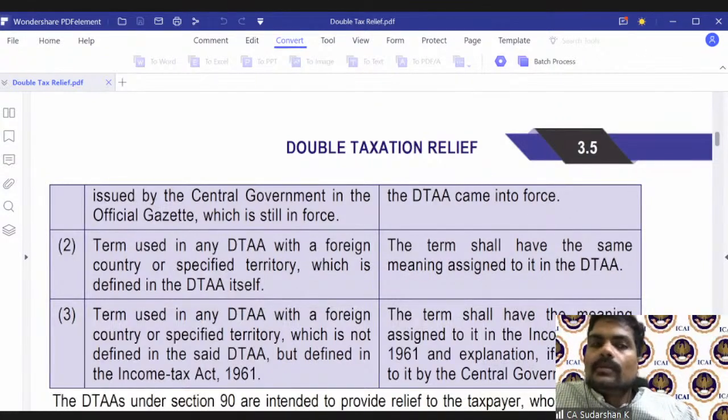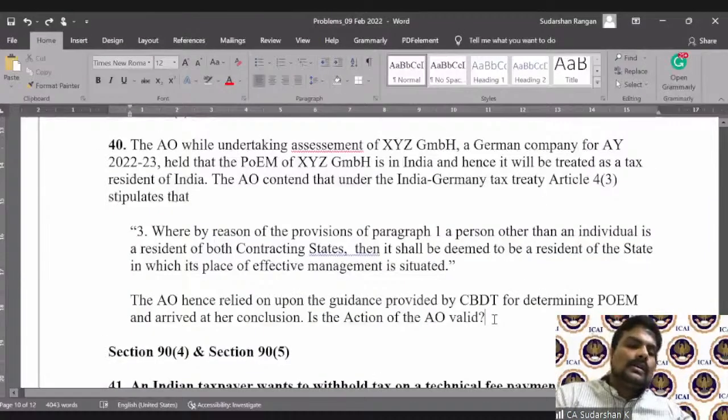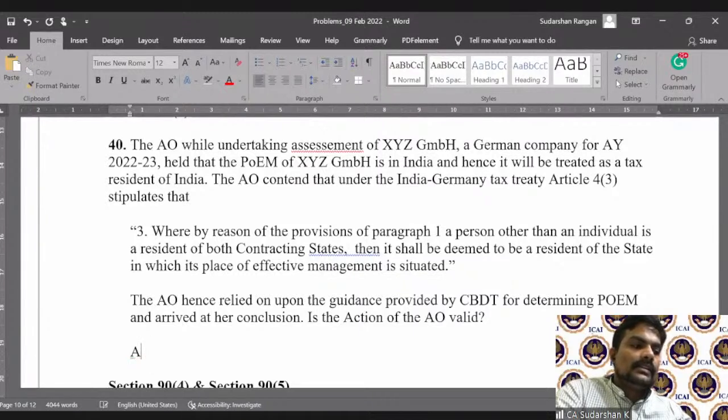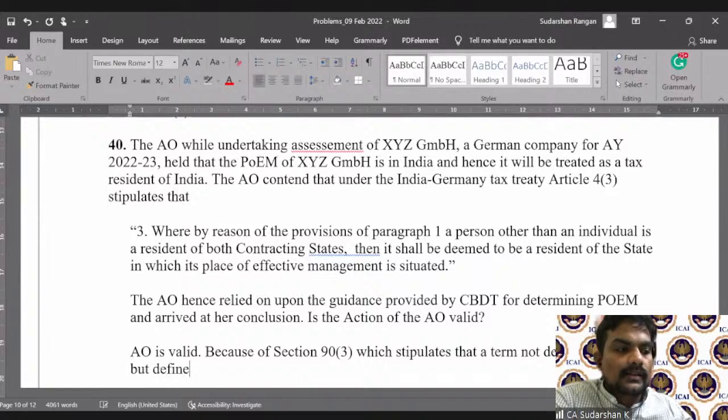So therefore, the action of the AO is valid because of Section 90(3), which stipulates that a term not defined in the DTAA but defined in the Income Tax Act, then that definition will have to be adhered to.